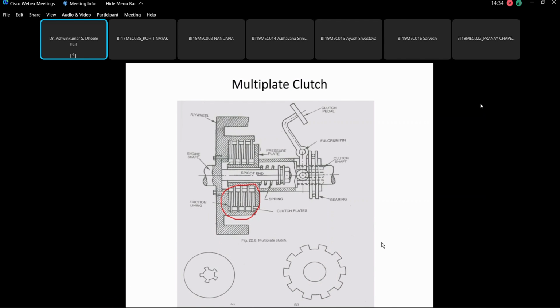That means there will be multiple surfaces in contact, and that is how you increase the power transmission. Instead of one surface, you have multiple surfaces in contact. That is the only purpose, so that you increase the power transmission.